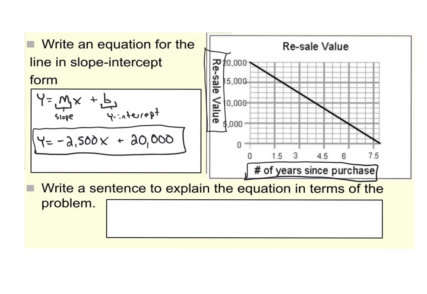For here, I frequently like to work backwards because that y-intercept is often the starting point. So I might say a $20,000 car loses $2,500 in value each year after purchase.